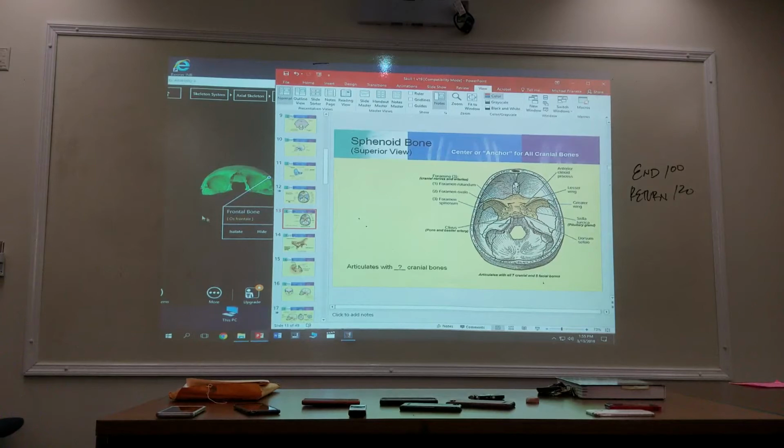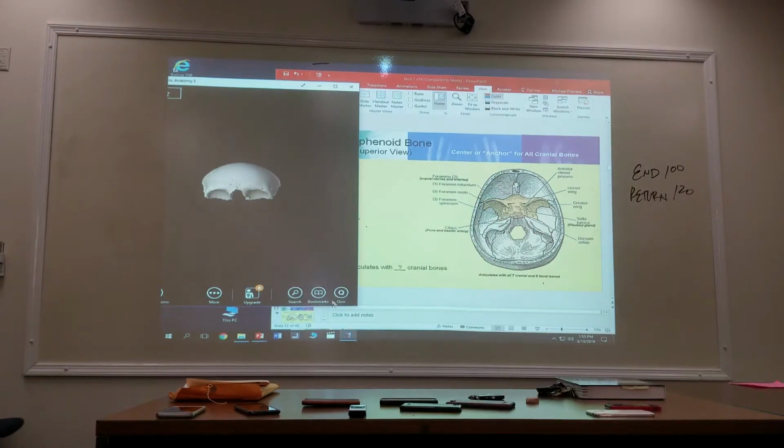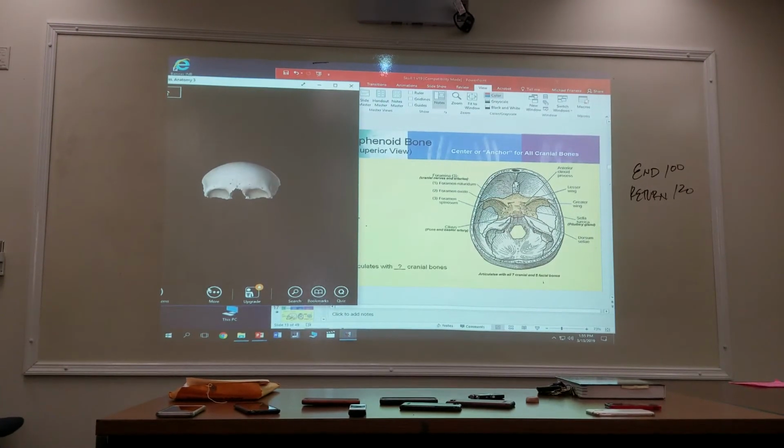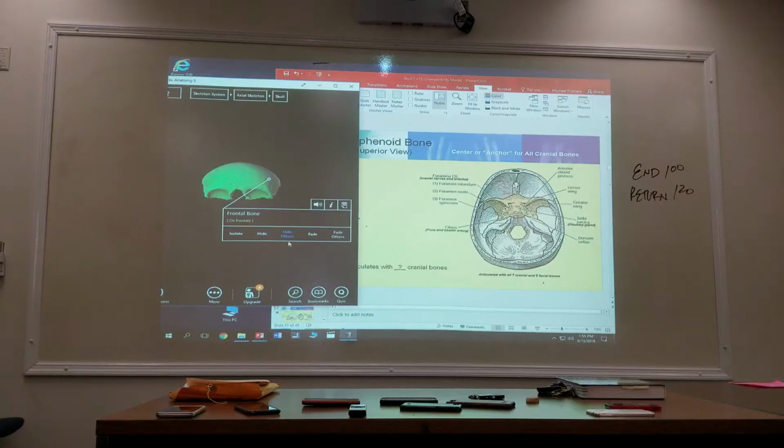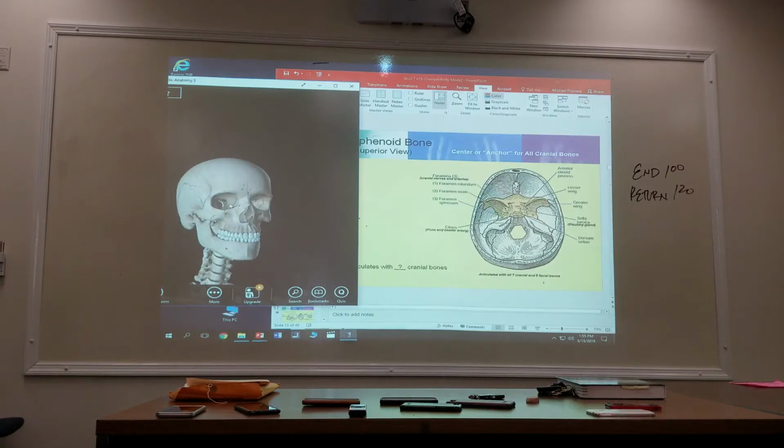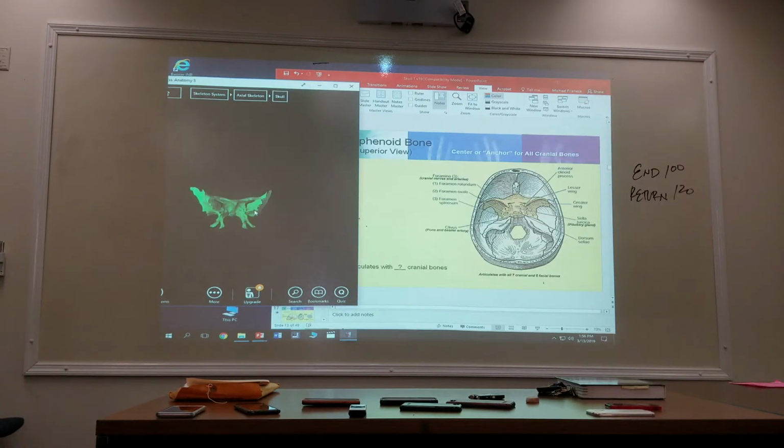If we go over here and we look at the sphenoid, which is this one right here, there's a lot of stuff going on with this bone.